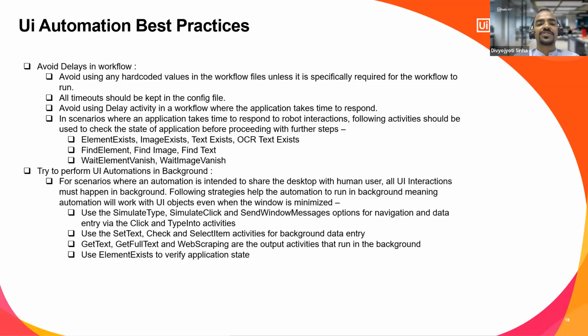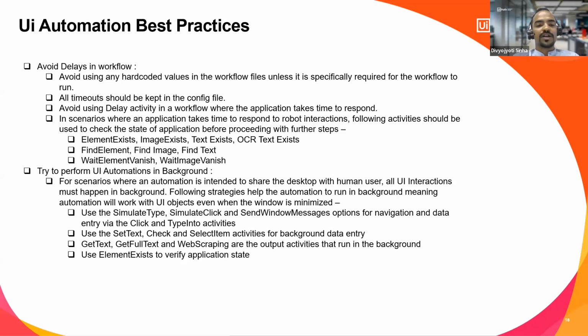So in that case, it is always recommended to perform your click operations or type into operations in the simulate type or simulate click. This kind of settings in the click into activities will enable you to run the automations in the background mode, meaning that tomorrow, if that particular application is minimized, bot can still run in the background inside that particular application by the help of these particular settings.